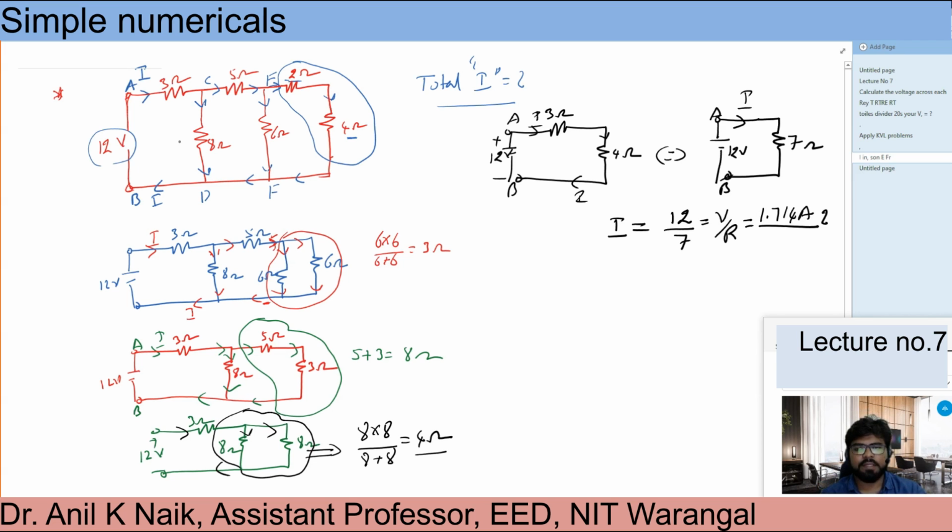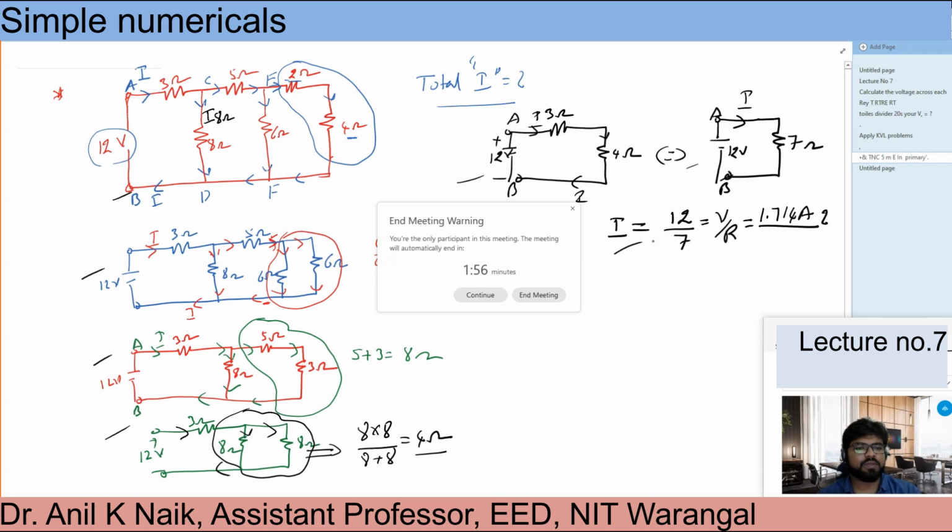Now the question is that suppose the same circuit has been given, and now they are asking to find the current in the 8 ohm resistance. What is the current flowing through this 8 ohm resistance? Then also the same procedure you have to follow, and you need to find the total current.